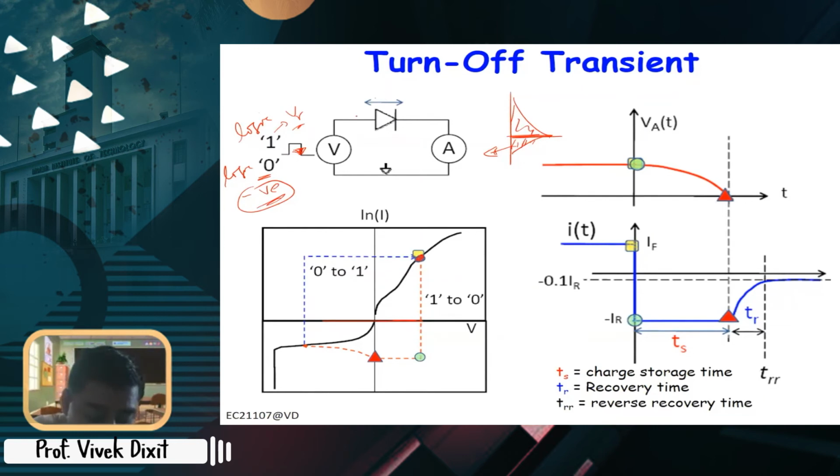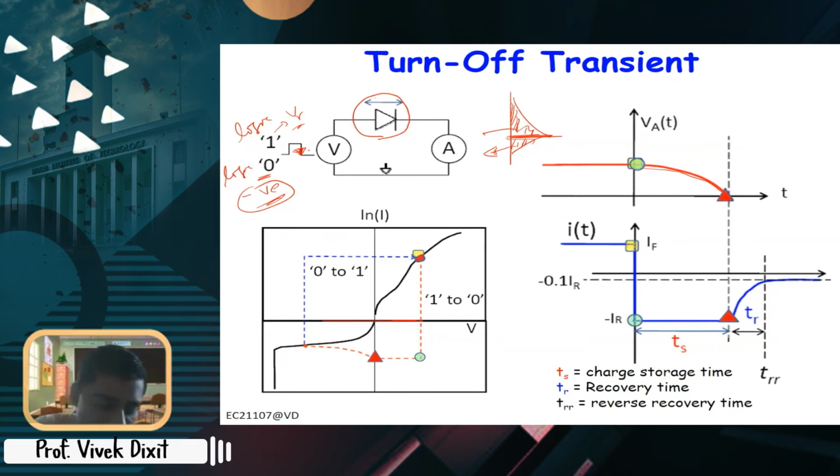The voltage across the diode will not change instantaneously, right? So as the charge is moved away, it will go down. And when the voltage across the diode reaches 0, that means your minority carrier has been removed. Then after that, this VA will go to a negative value, right?